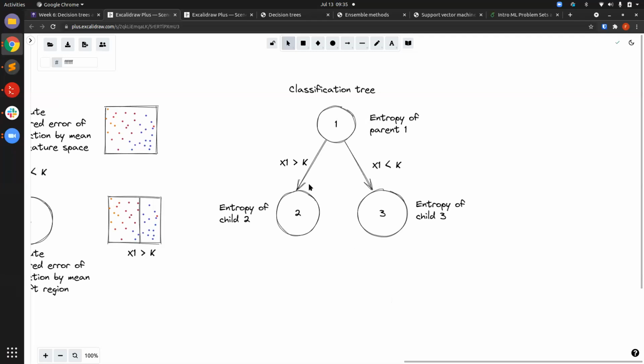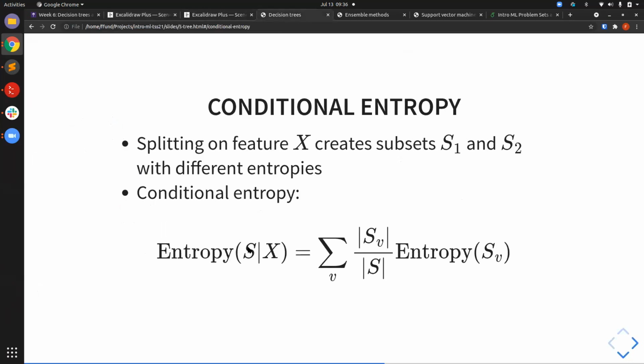Now, we're going to compute something called the conditional entropy, which is the entropy of S, the entire set of samples, given that I split on, let's say, a particular X. So the entropy of the entire set, given a split on feature X, is equal to the following.